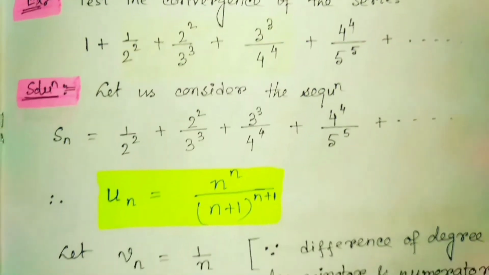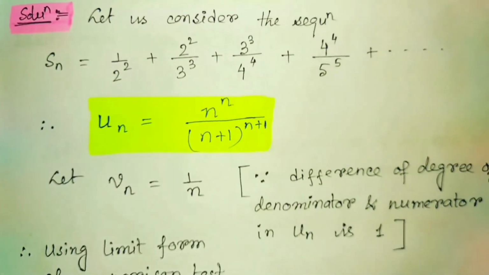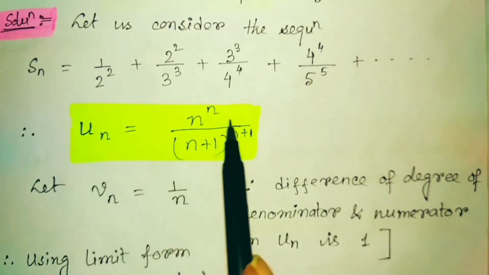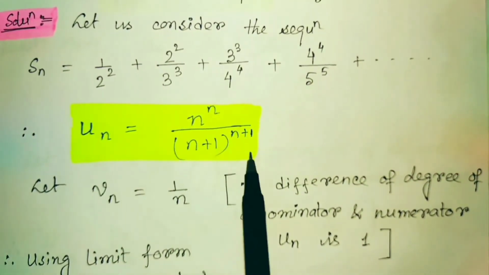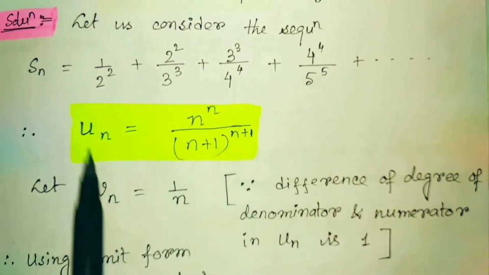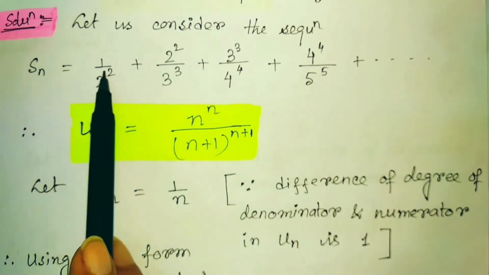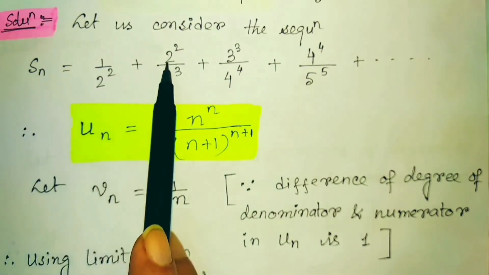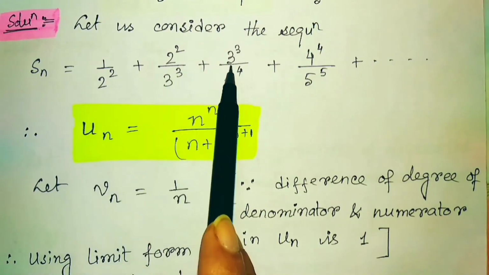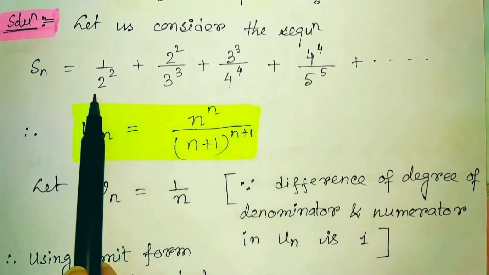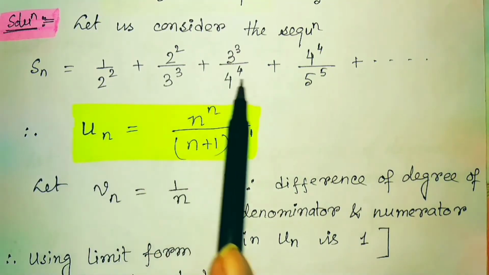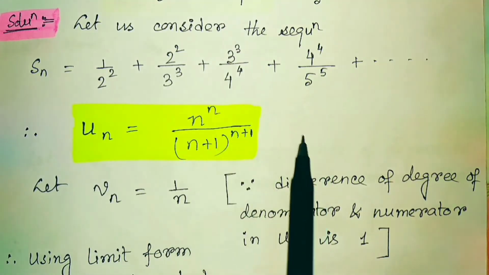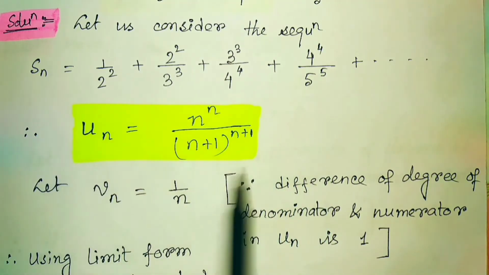So from here we find that Un is equal to n to the power n divided by (n+1) to the power (n+1), because just look at the terms: in the numerator 1, 2 square, 3 cube, 4 to the power 4, and in the denominator 2 square, 3 cube, 4 to the power 4, 5 to the power 5. So accordingly we find Un is this one.